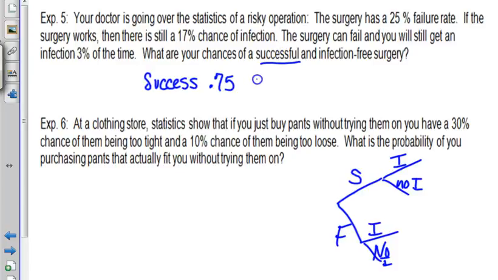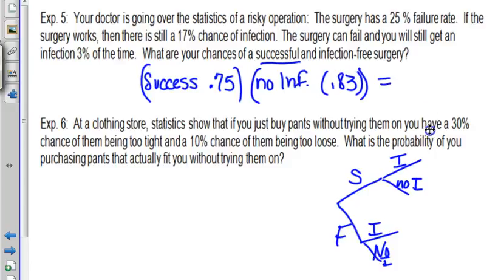Yeah, so 83, no infection. So what are we going to do with those? Yep. 62.25%, if I write it as percent. Did someone get that? Okay. If we wanted to double check that, we could find all four possibilities that we've listed, right? And make sure that it adds up to 100%. It's right, so we're not going to do that, but okay. That question's not on the quiz.